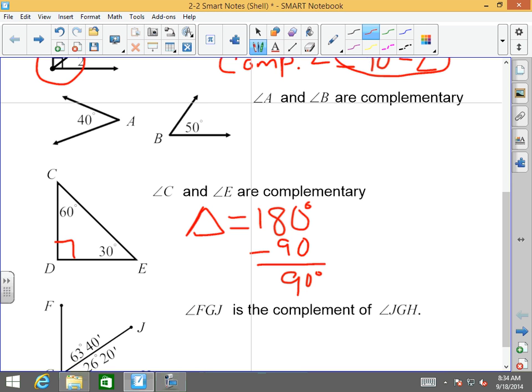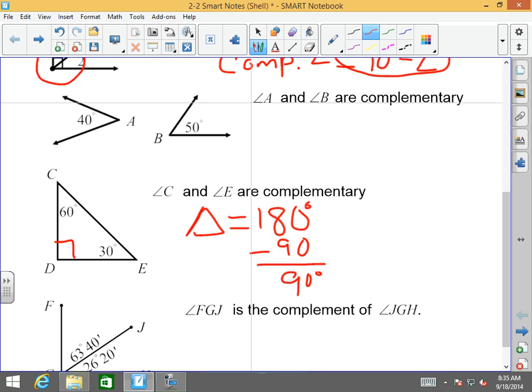If we were going to write a proof here, you would say given angle C is 60, given angle E is 30, then you would say angle C plus angle E equals 90, addition property. Then you could say triangle CDE equals 180 degrees, definition of a triangle.